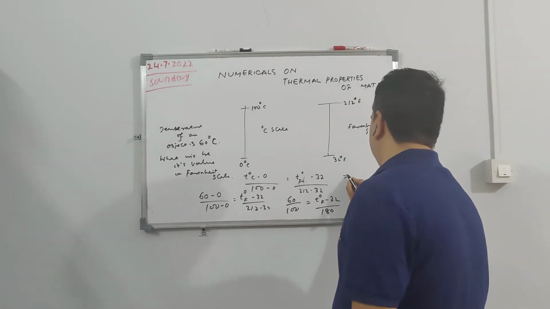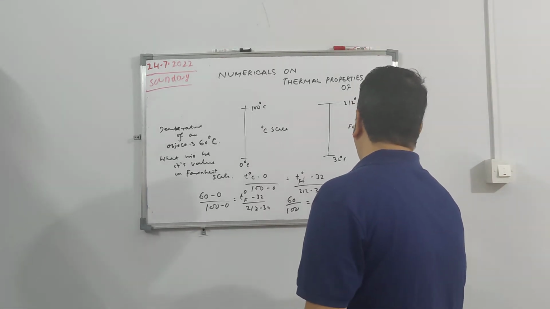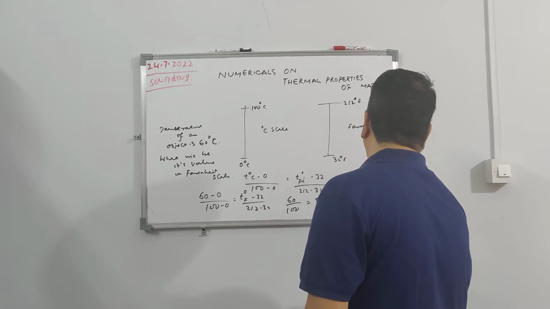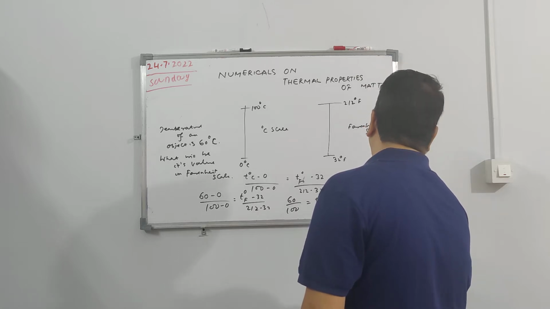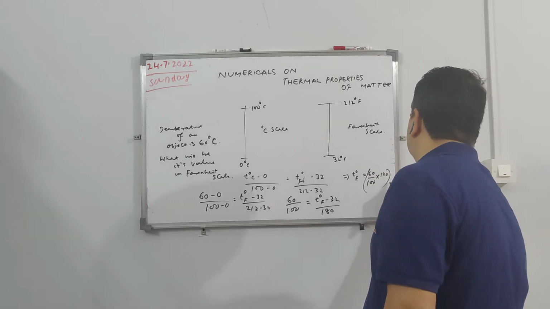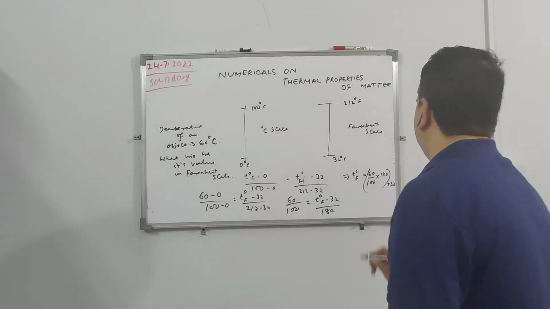That implies T degree Fahrenheit is equal to 60 by 100 into 180, plus 32.